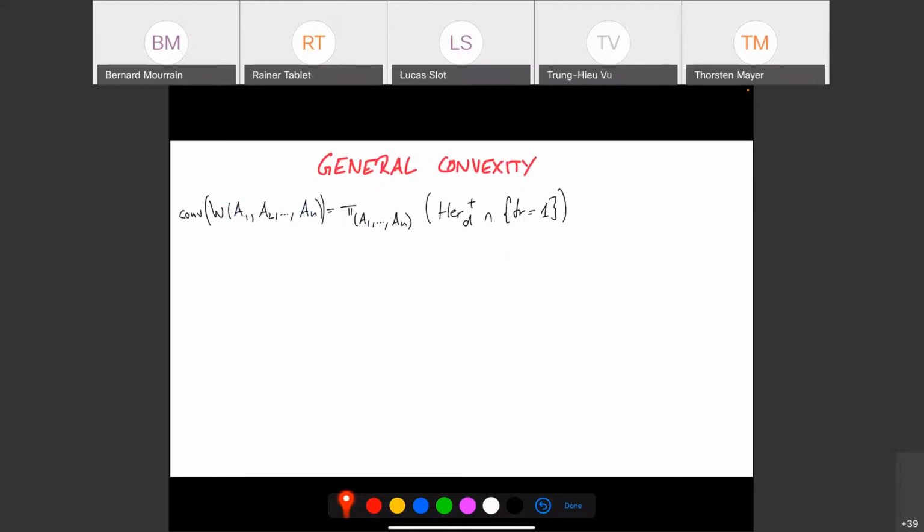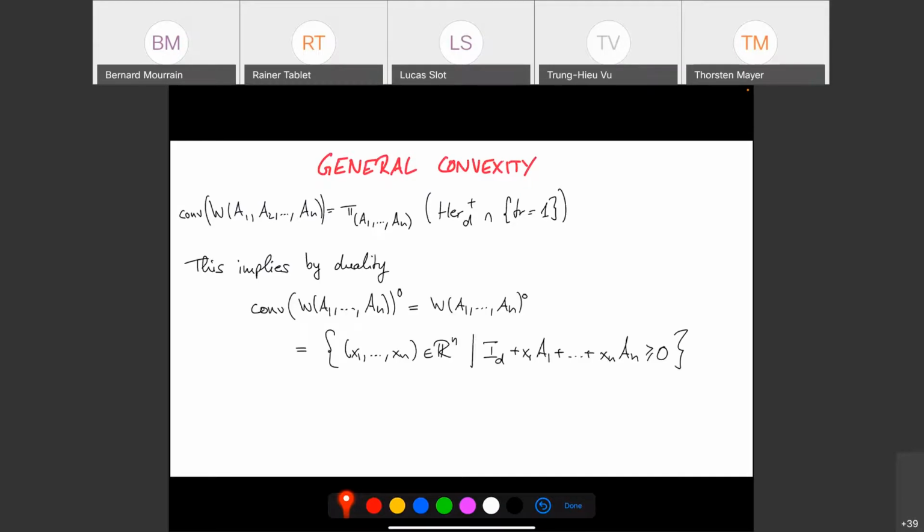Okay, and of course we have the same. The polar of the convex hull of a projection is a slice. So I've written the convex hull of the joint numerical range as a projection. So dually, the polar body is a spectrahedral set. So here's a spectrahedral representation. I've chosen coordinates nicely so that this works out.